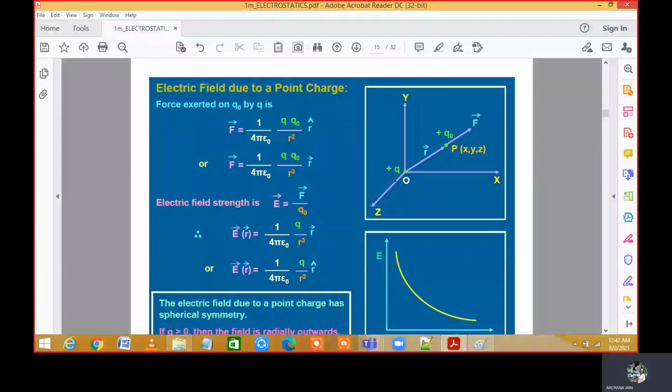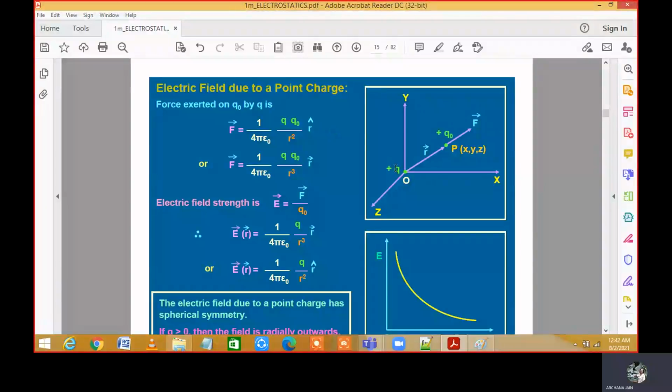Now we calculate the electric field due to a point charge. Let us consider source charge plus Q placed at origin O, and Q naught is placed at any point P. The position vector of P with respect to origin O is R, and the coordinates of P are X, Y, Z. Therefore, the force experienced by charge Q naught is 1 upon 4 pi epsilon naught Q Q naught upon R square R cap.